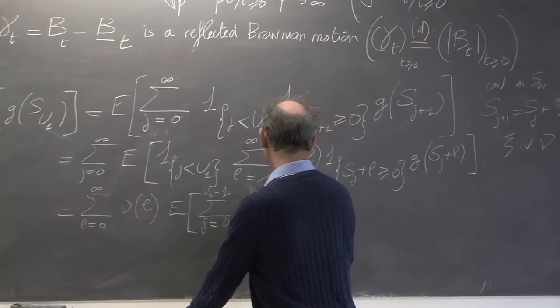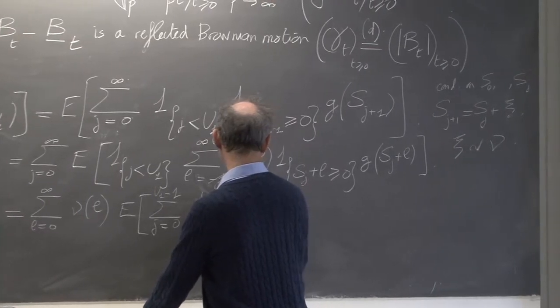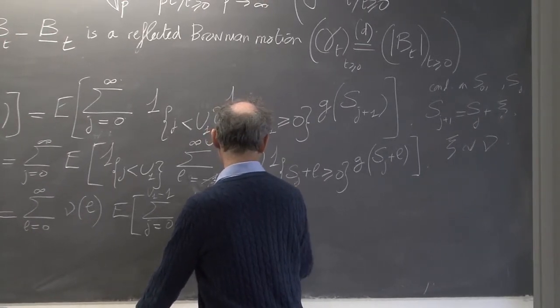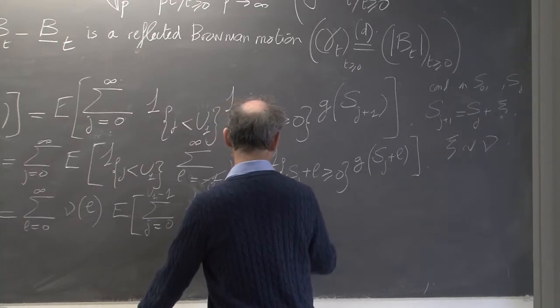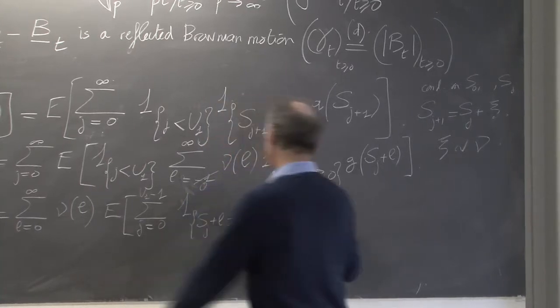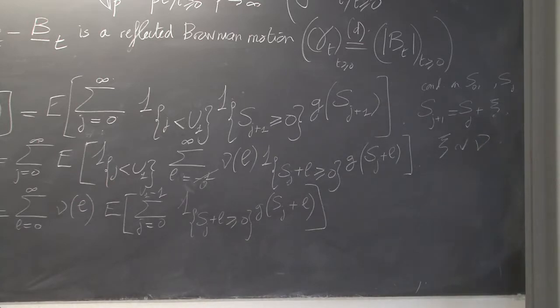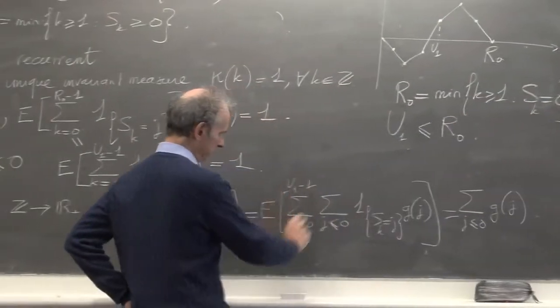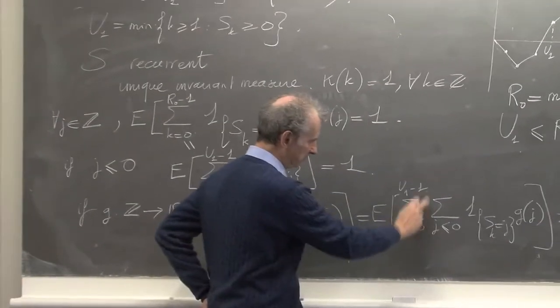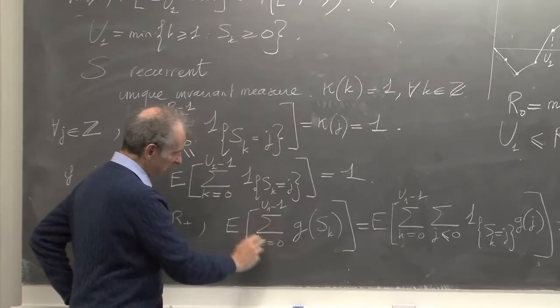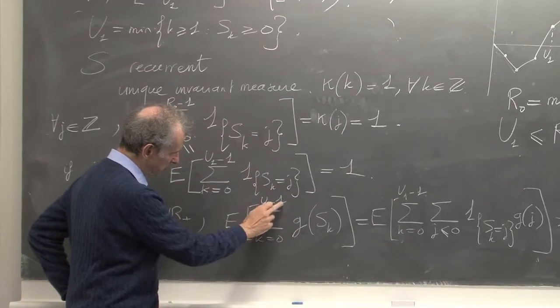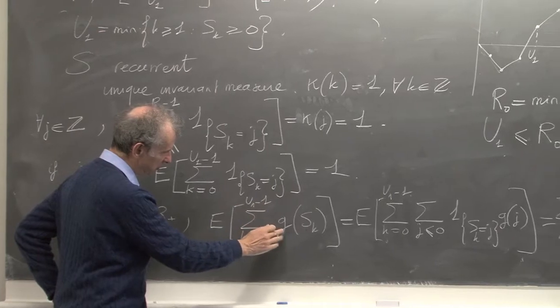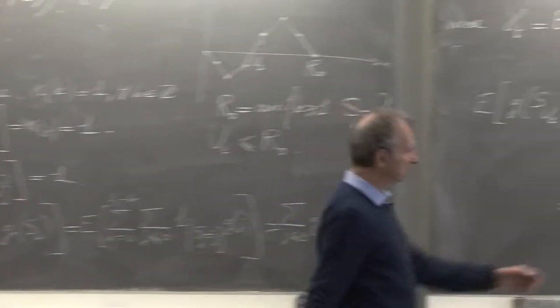I have indicator of Sj plus L non-negative, g of Sj plus L. And now you see this is expected value of a sum of this type here, except that I replaced k by j. But essentially it's a sum between 0 and u1 minus 1 of a certain function applied to Sj here.